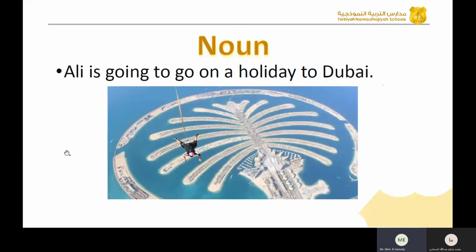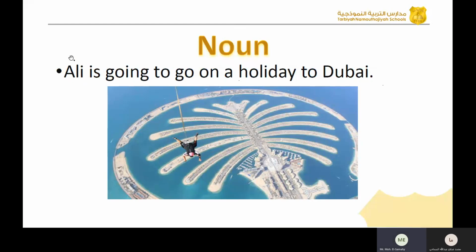The second example, Ali is going to go on a holiday to Dubai. And we can see Ali here in the holiday, he is having fun. And of course, he went to Dubai before COVID-19.